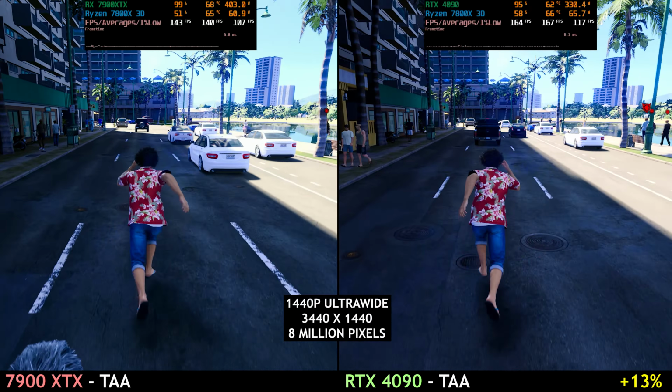That is really nice. What is it going to be like on the 4090 though? Let's take a look. Well, on the 4090 side, things look actually just as good, if not a little bit better. We had 83 FPS with native TAA on the left, and with FSR3 frame generation on top, we arrived at 150 average FPS.